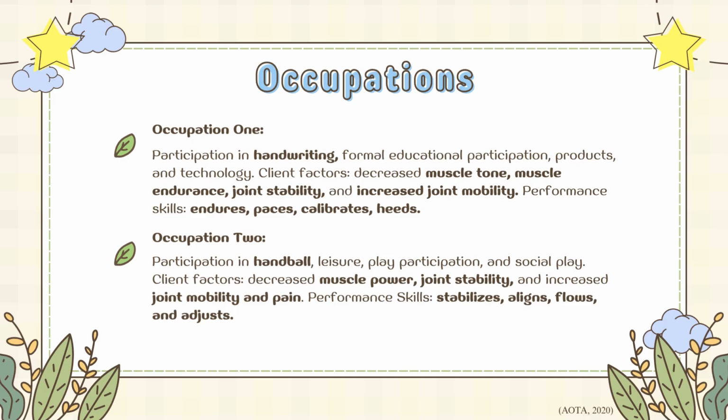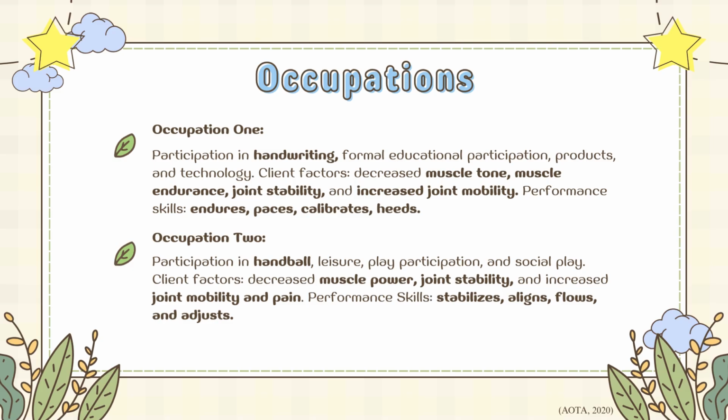The two occupations that the client would struggle with are handwriting and playing handball. So the first one, handwriting, falls under formal education participation in products and technologies because she would have to use a writing utensil. The client factors that would inhibit her ability to participate in the task are her decreased muscle tone, muscle endurance, and joint stability, as well as her increased joint mobility.